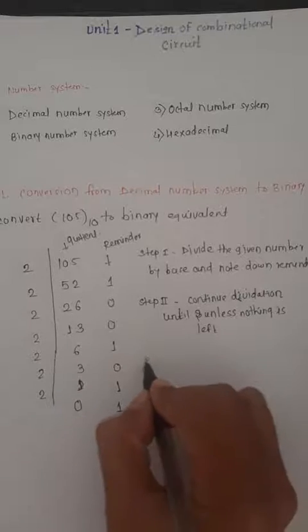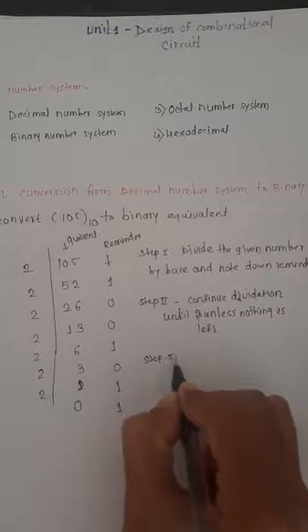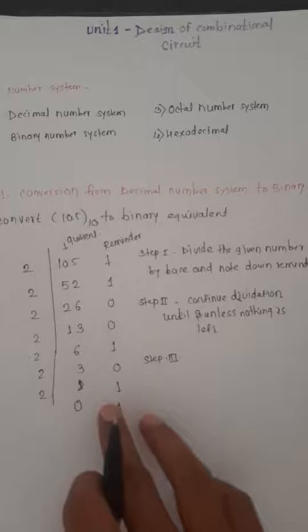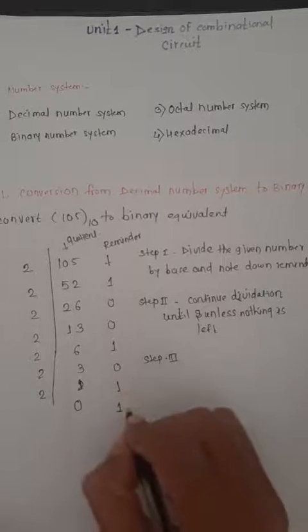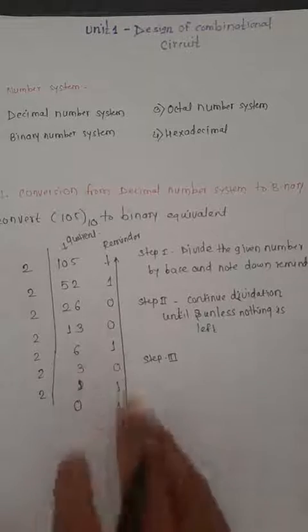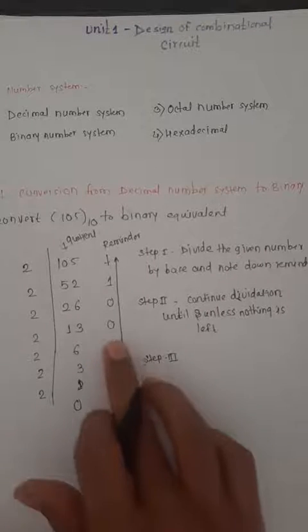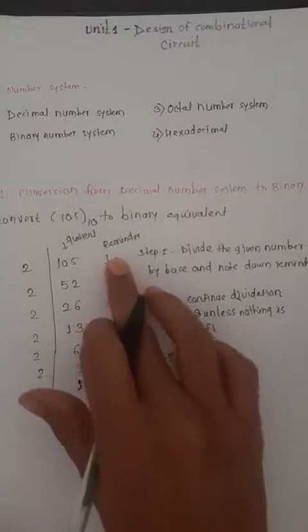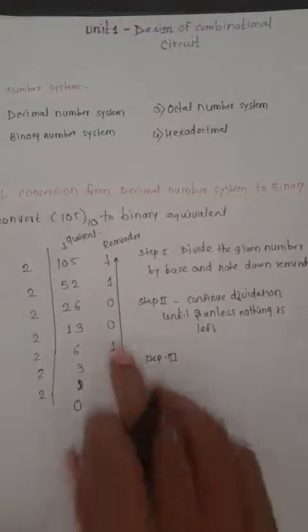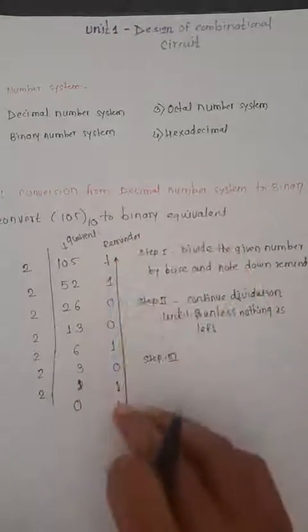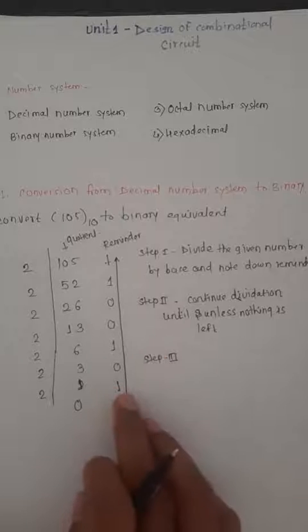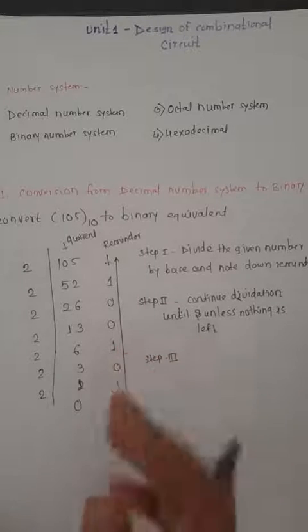And now last is step 3. Whatever remainders we have got, write them in reverse order, that is from bottom to top. Here, the arrow I am indicating shows that we are going from bottom to top, not from top to bottom. If you write the remainders from top to bottom, your answer will be false.